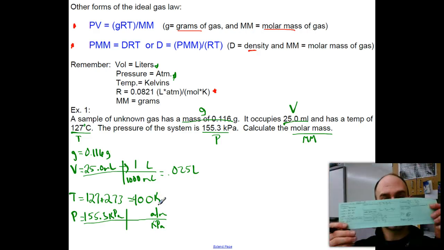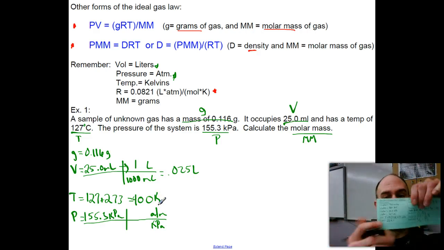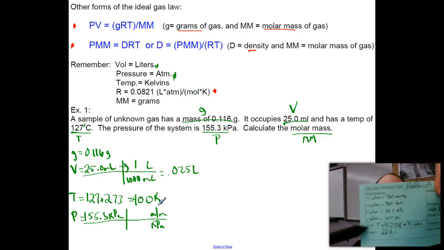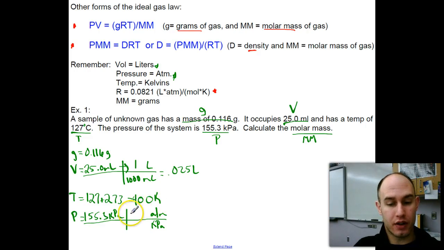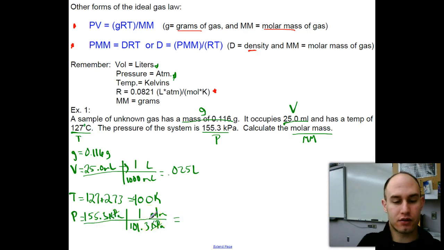So grab your equation card, and you can see over here we have all of our conversions listed. 1 atmosphere is going to be your 101.3 kPa. So 1 atmosphere is 101.3 kPa. I'm going to simply divide here. So in my calculator, 155.3 divided by 101.3, we get 1.53.